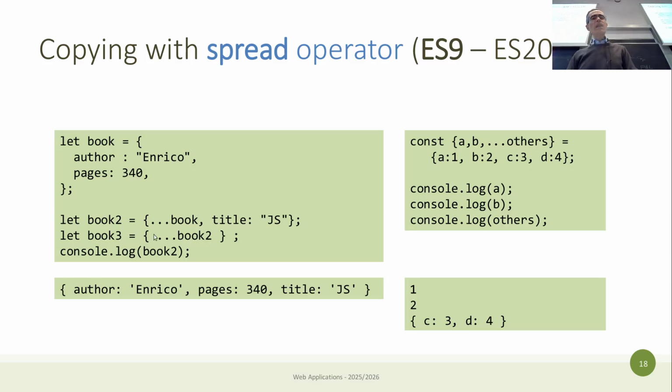So we can use it also for objects. And what's the syntax? It's very similar: three dots, the old object, and you get the new object. Again, shallow copy only. Everything is copied; if it's a reference, it just copies the reference. You can experiment with it a little bit. You can even do the tricks that we did with arrays, using it on the left side of the assignment, so that a, b, and the rest is assigned.